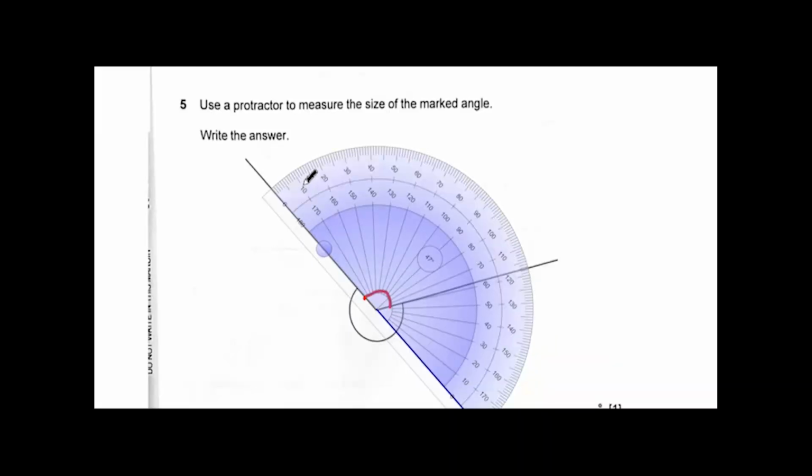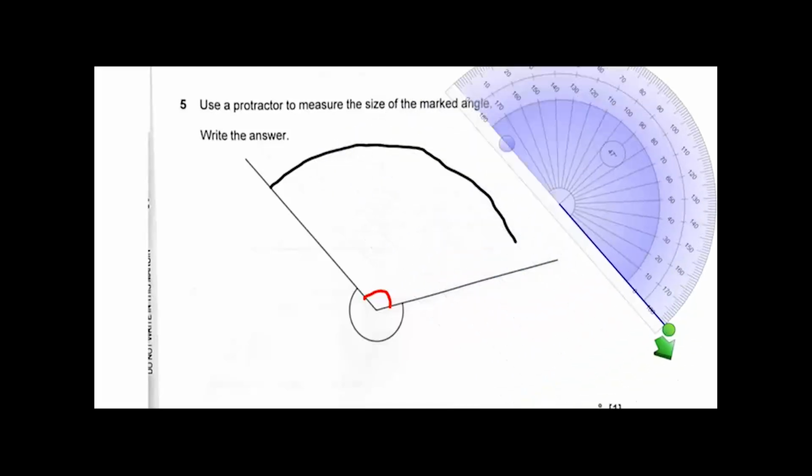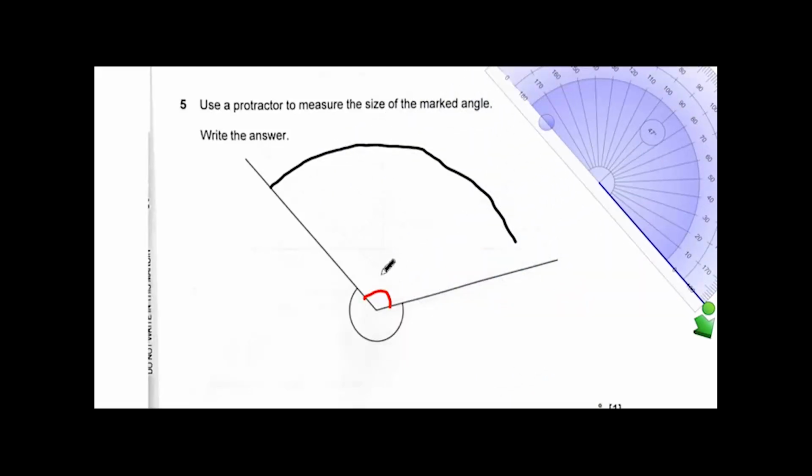Okay, so let's measure from here down to this line. Let me erase that so that it will not be confusing. You see that the value is 117. So let me take this away. That means the red angle is 117 degrees.